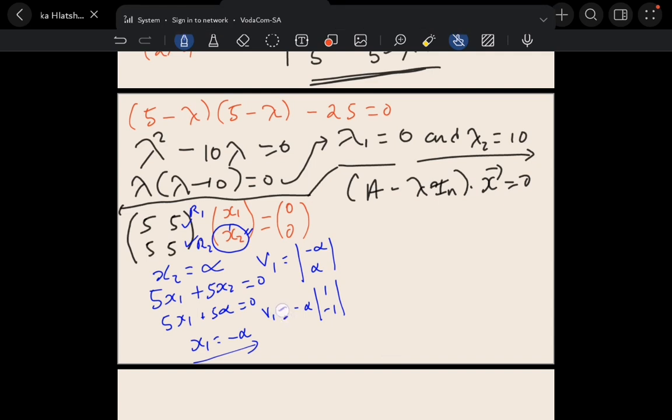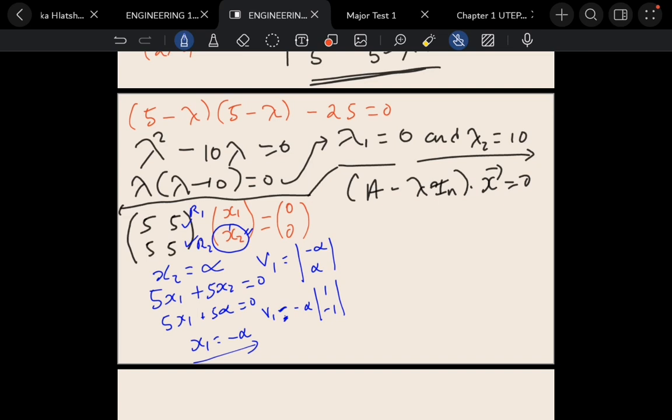Always know this. You need to understand that an eigenvector is a vector of any number. But our university prefers that your first entry is positive and not a fraction.